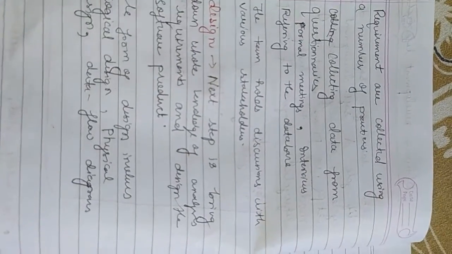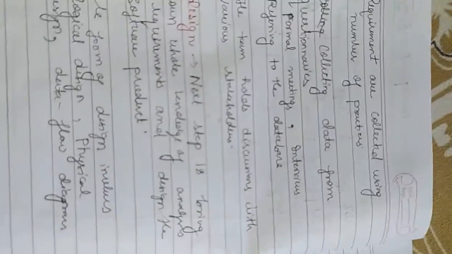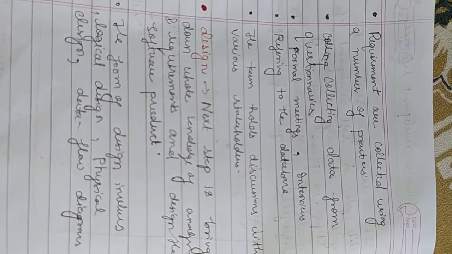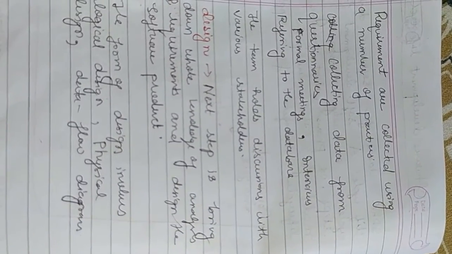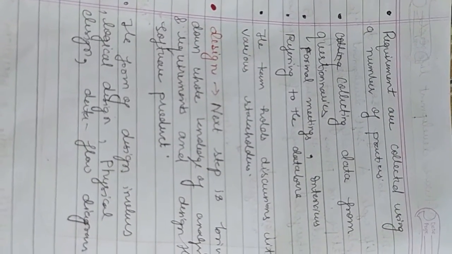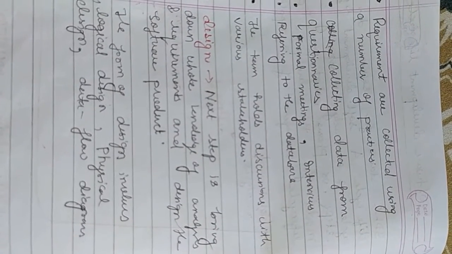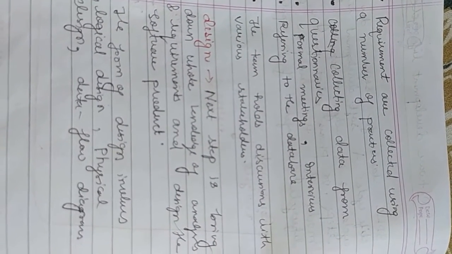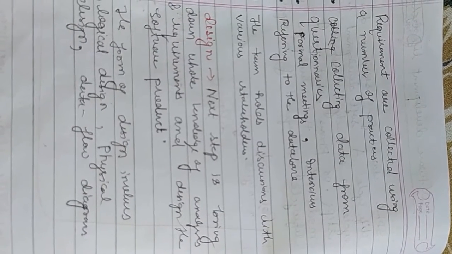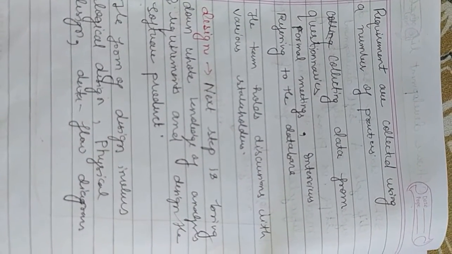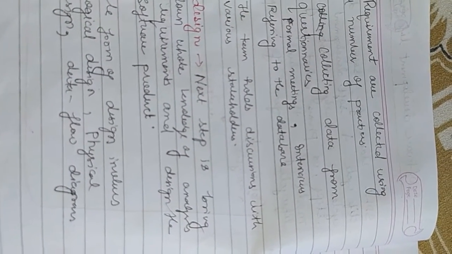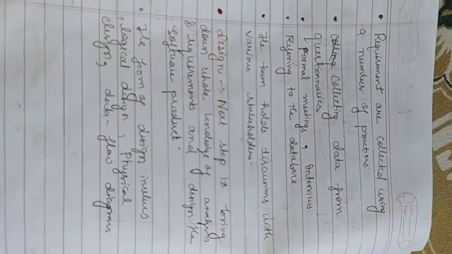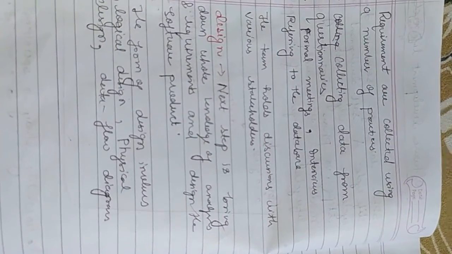Requirement analysis, the very first step of the SDLC, depicts that requirements are collected using a number of practices. Requirement elicitation or analysis is the process of gathering the requirements for a software project. The various methods used for requirement gathering are questionnaires: the client or a software development team member can make a questionnaire using different questions to gather the requirements of a customer.